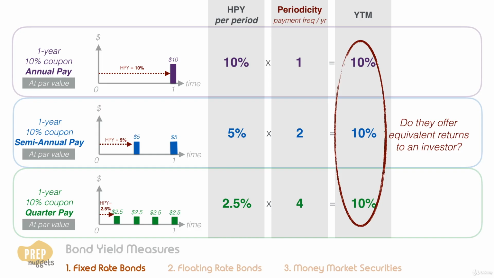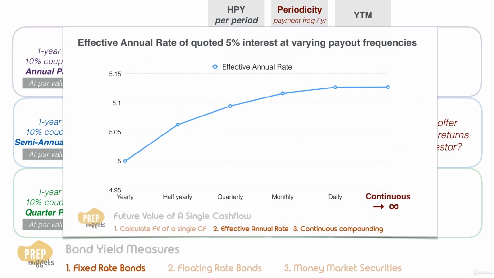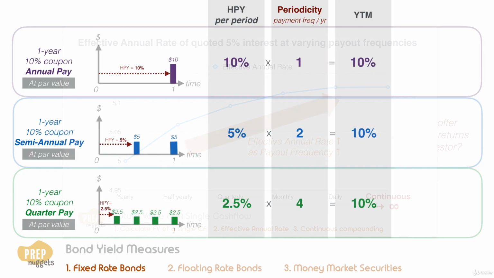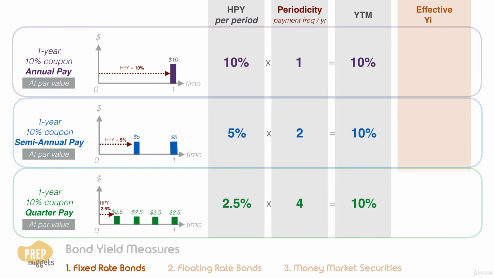If you recall from the course on quantitative methods, the effective annual rate increases as the compounding frequency increases. Likewise, in this case, the effective yields of the bonds should increase with the periodicity. Let's verify. The annual pay bond will have an effective yield of 10% since there's only one coupon which is paid at the end.